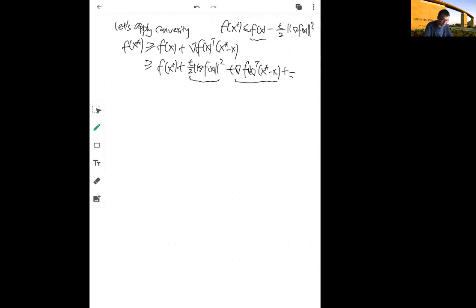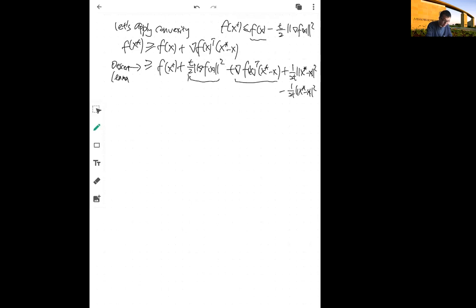Let's add the other square term on the right hand side and then subtract it away. Okay, so this follows from the descent lemma. The first thing follows from convexity.